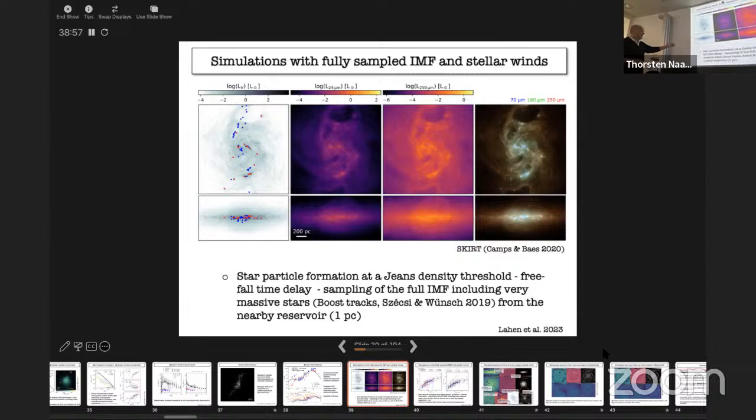And when we realize the IMF, we check for nearby available reservoir particles to sample the massive star. So if we want to sample a 100 solar mass star, and we don't have 100 solar masses available, we don't realize the star. We sample again. So we do not randomly sample the initial mass function anymore. You know, star formation simulation people say, "Oh, you are crazy," but that's what we do.